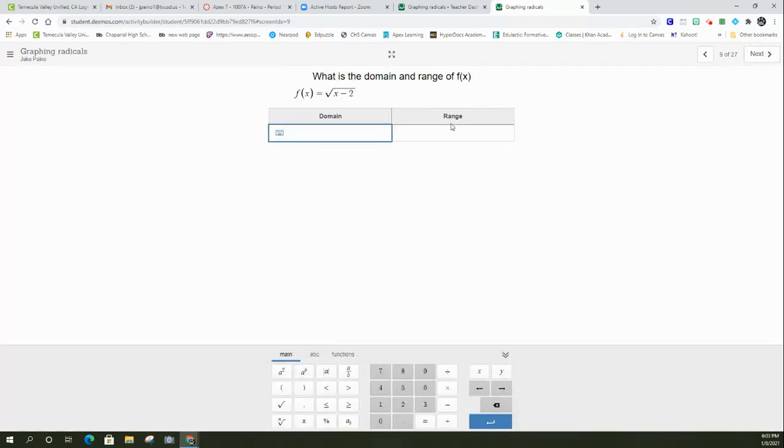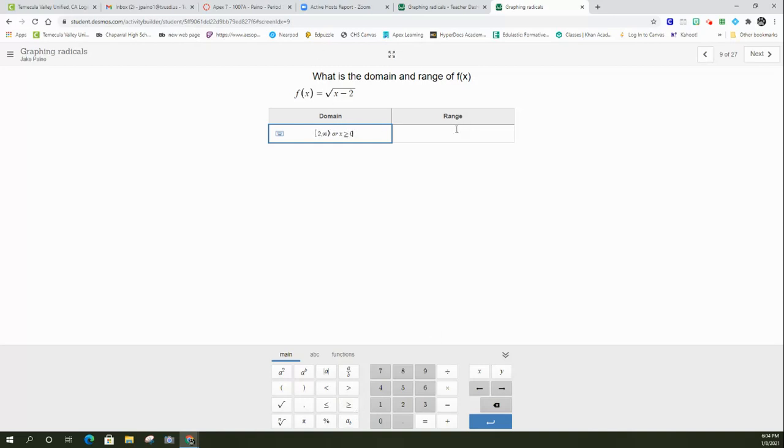Okay, let's go ahead and type in both. We'll do interval notation: 2 comma infinity, and that's going to get the parenthesis. Or if we do it in inequality notation, it's going to be x is greater than or equal to 0.